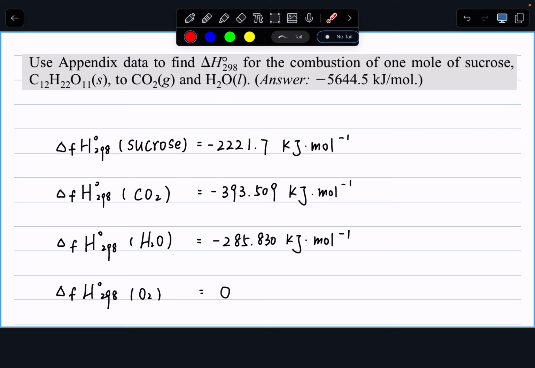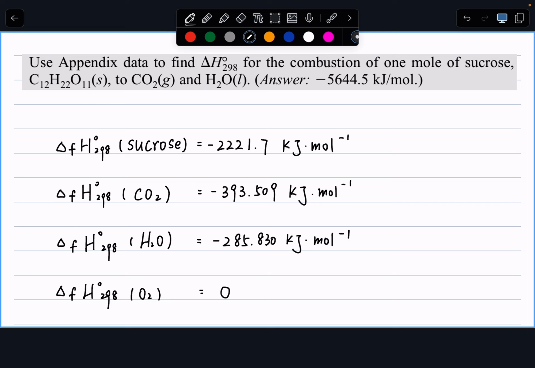I'm listing the heat of formation of each species involved in this reaction. You first write the balanced chemical reaction. In this case, we're looking at the burning of your sucrose: C12H22O11 in solid phase plus 12 oxygen gas goes to 12 CO2 gas plus 11 H2O liquid.